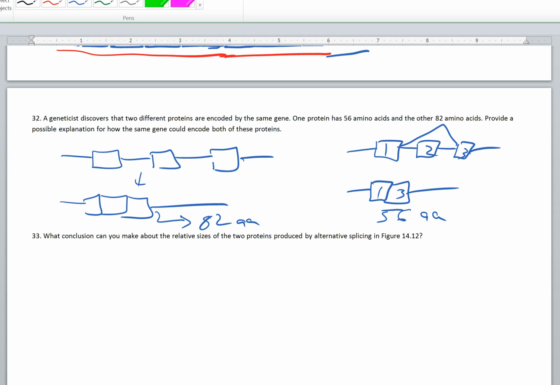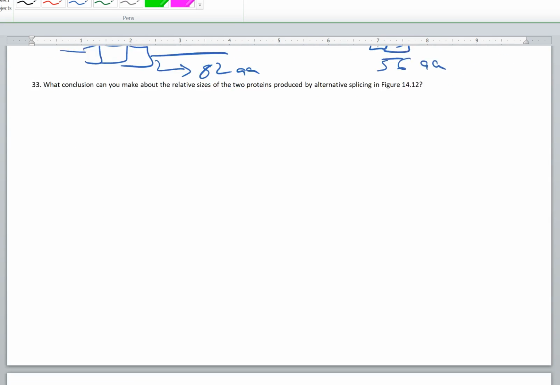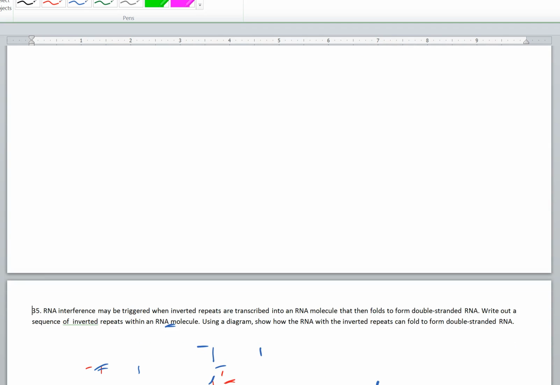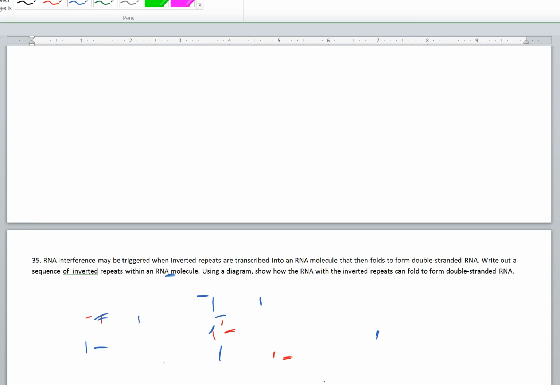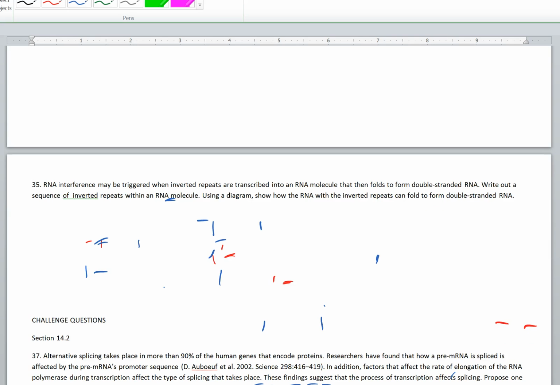Figure 14.12. What conclusion can you make about the relative sizes of the two proteins produced by alternative splicing in figure 14.12? Yikes.